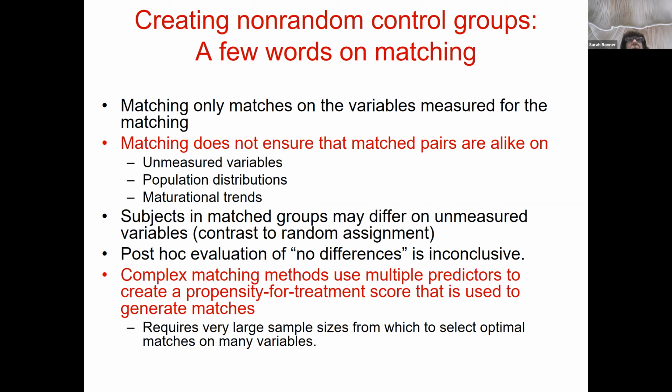Mostly it requires very large groups, particularly a very large pool from which to seek your potential matches, because you want optimal matches, which means you have to screen out a lot of people who are bad matches for your treatment group. You have a treatment group and you're looking for people who are very much like them from the population pool.